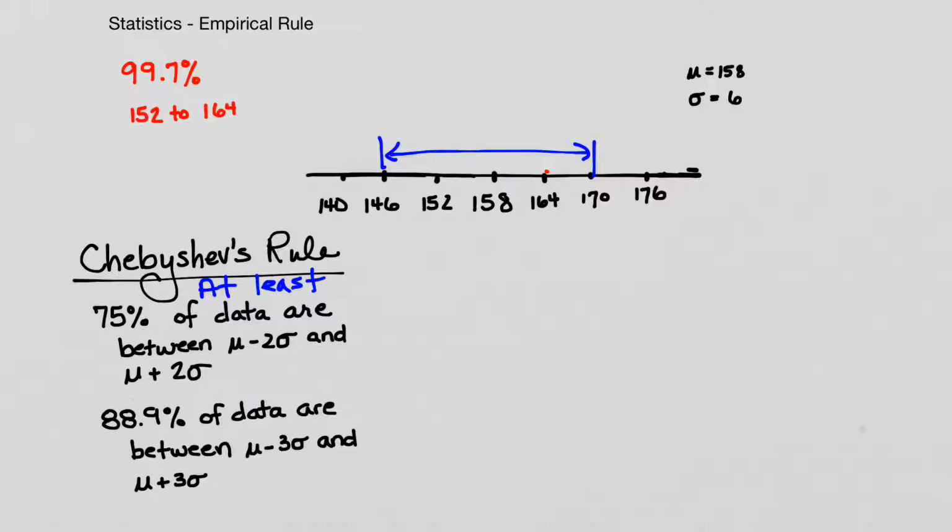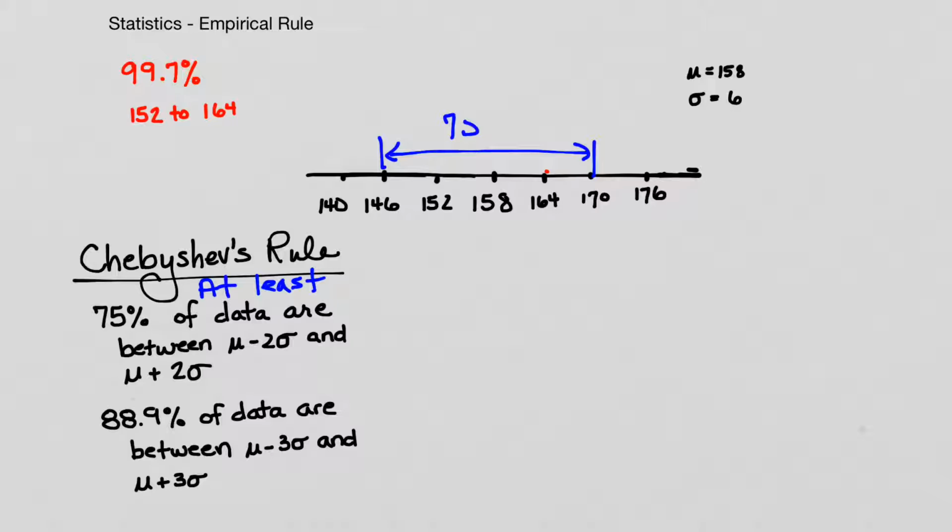But what Chebyshev found was that no matter what the distribution is, because you're calculating the standard deviation and the mean from that data, if the data is very spread out, that's going to make your standard deviation larger. So it's still going to work that at least 75% of the data are going to fall between minus 2 standard deviations and plus 2 standard deviations.